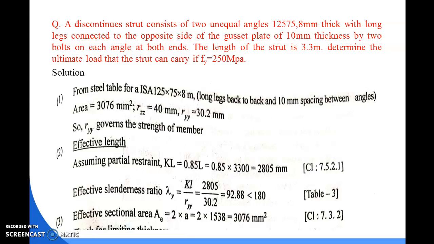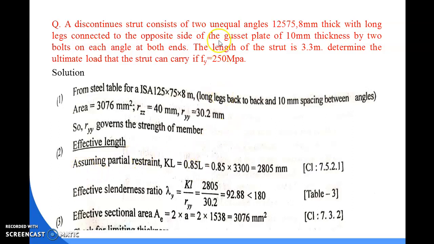The section is 125, 75, 8 mm thick with long legs connected to the opposite side of the gusset plate of 10 mm thickness by two bolts on each angle at both ends. The length of the strut is 3.3 meter. Hence, determine the ultimate load that the strut can carry if the Fy value is 250 MPa.